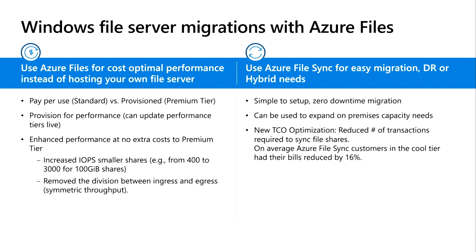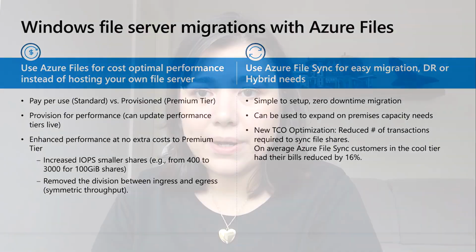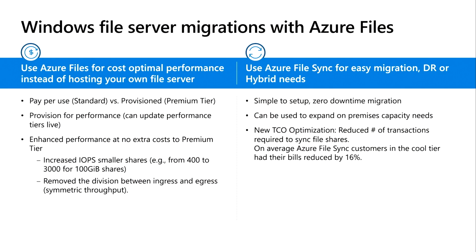In addition, for smaller shares, we have increased the IOPS available. For example, the IOPS for 400 gigabyte shares was lower, and now it's 3,000. With these improvements, the performance of premium tiers has increased significantly at no additional cost.